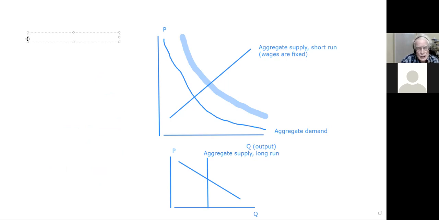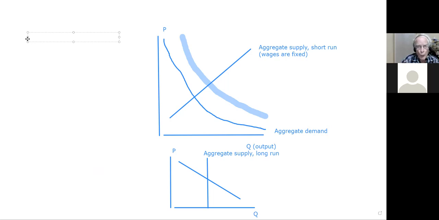The reason is that in the long run, the amount that we produce depends not on prices, because prices are very flexible, but instead depends on our resources and our technology. How many workers do we have? How many machines?